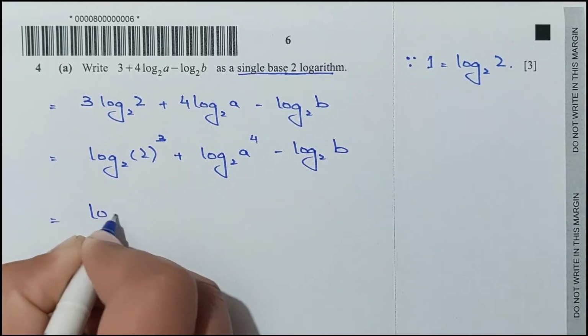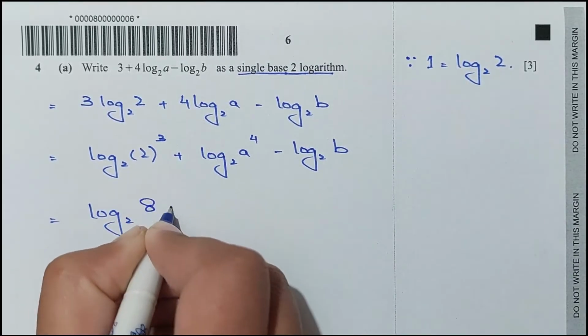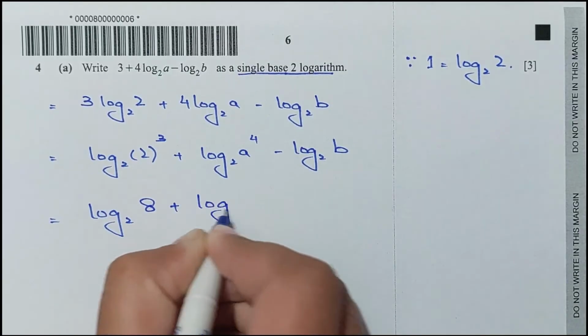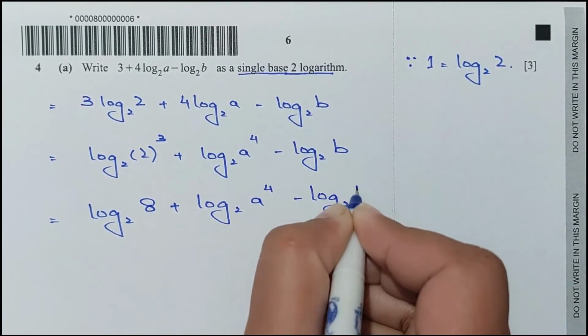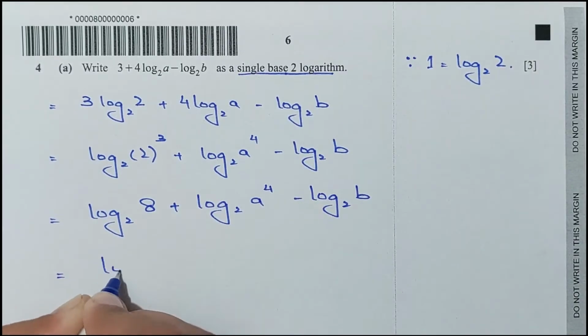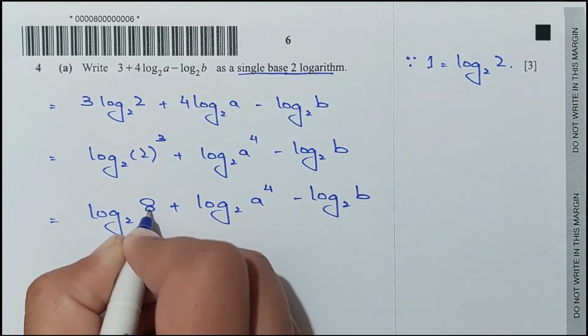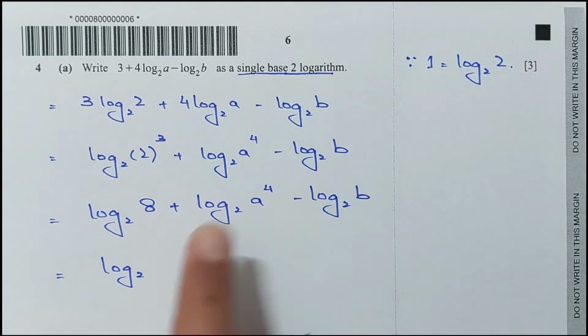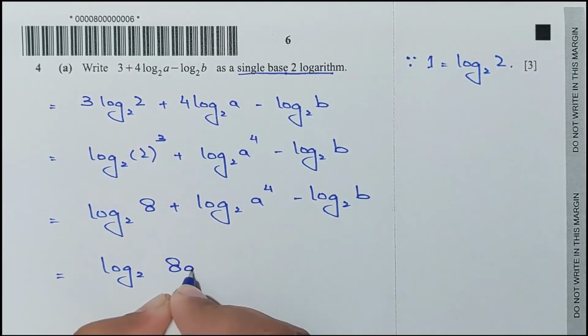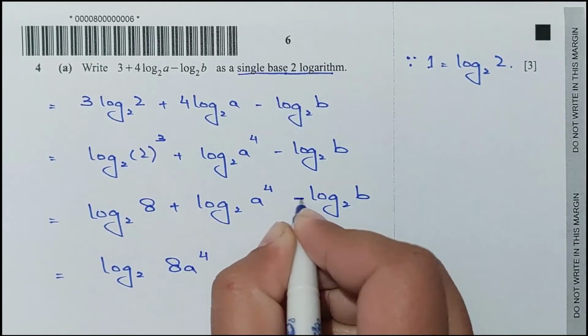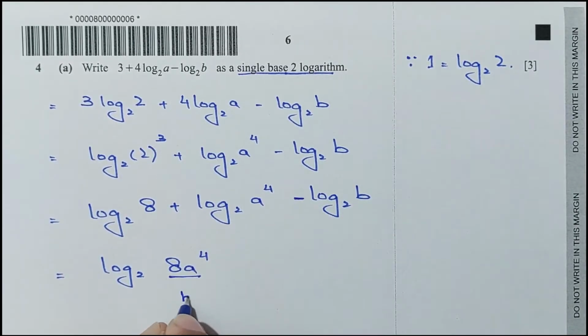So this is log 2 8 plus log 2 a^4 minus log 2 b. So this would be log 2 of 8 and a^4. These are addition, so we are doing product, 8a^4, and this is subtraction, so we can divide by b, right? So this is the sum as a single log.